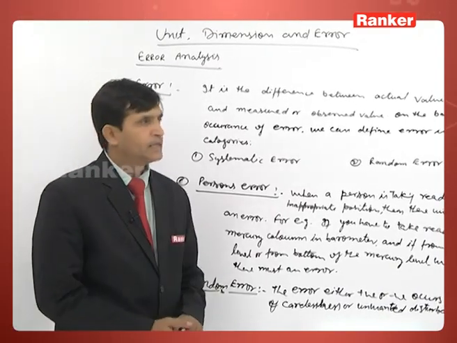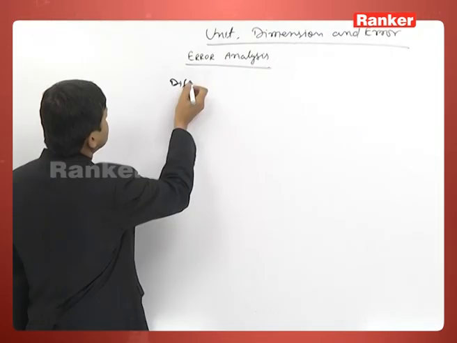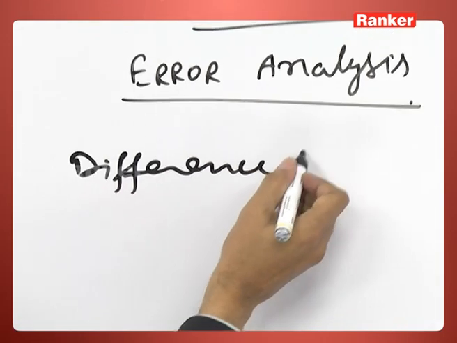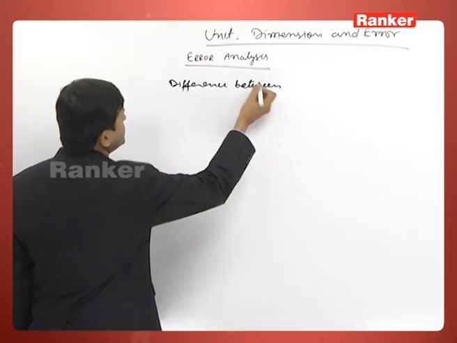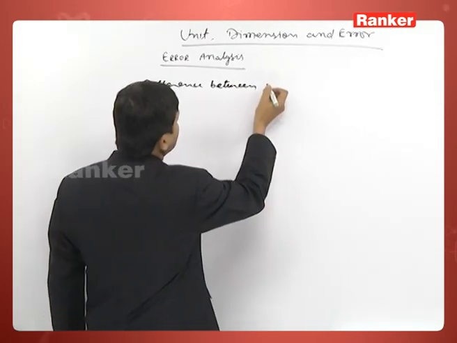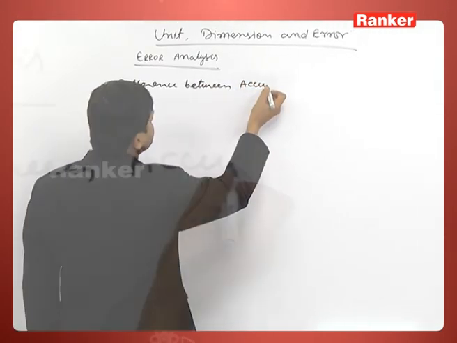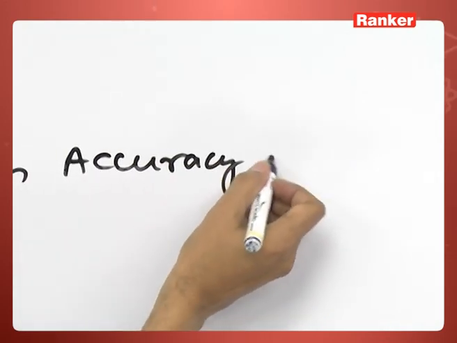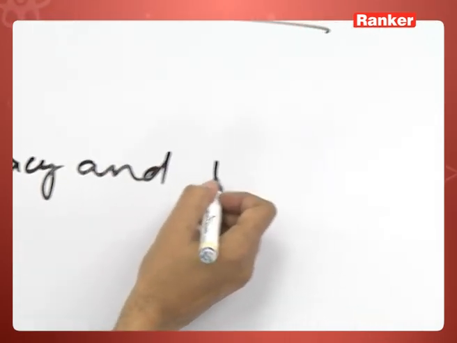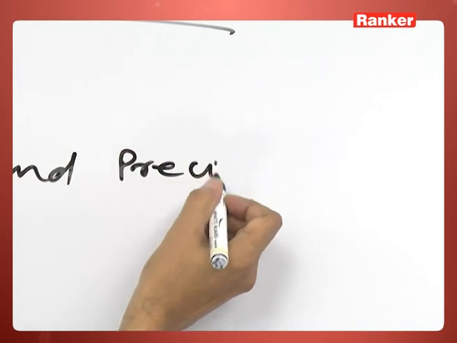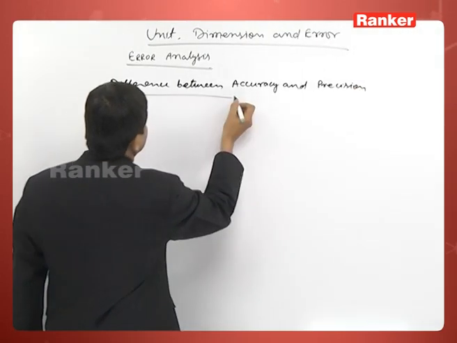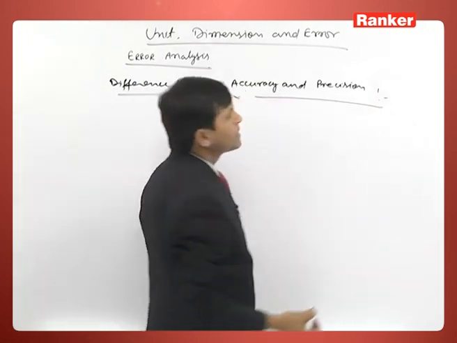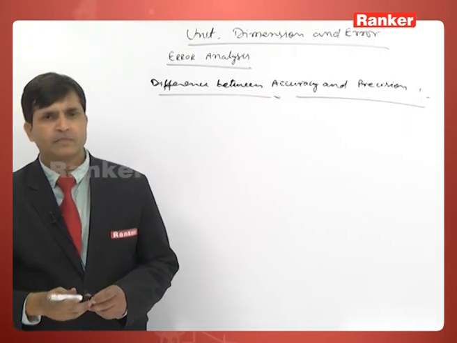Now come to the next point: the difference between accuracy and precision. What is the meaning of accuracy first?